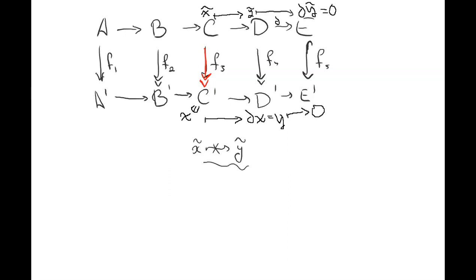Okay, so something maps to Y tilde though. Yeah, right? So we can take some Z. Maybe we can say boundary Z equals Y tilde, where Z is in C.